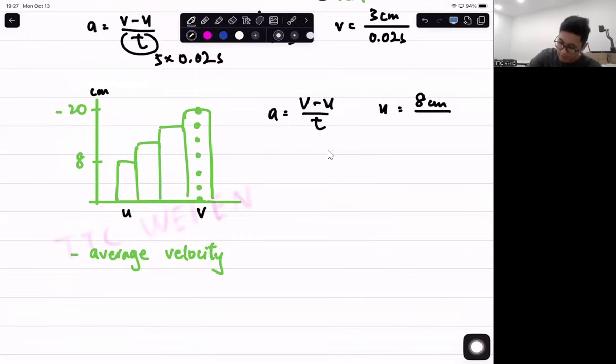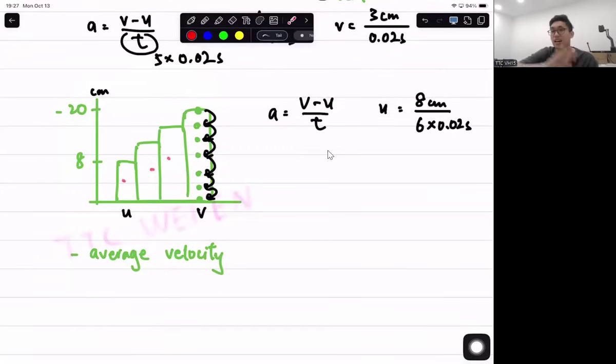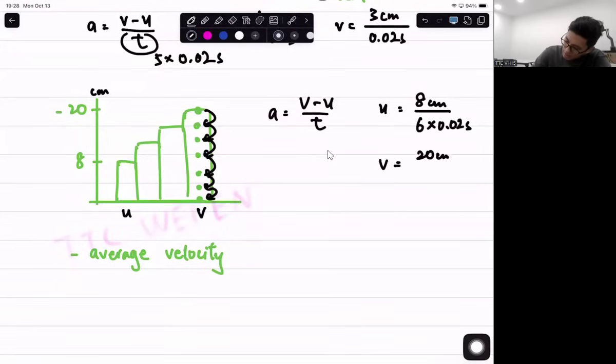You can just look at the longest one. 1, 2, 3, 4, 5, 6. So 6 times 0.02 seconds. Every strip is going to have the same number of jumps, so you don't have to worry. Every strip is the same number of jumps, okay? Now, for the longest one, it will be 20 centimeters divided by, again, every strip got 6 jumps, okay?